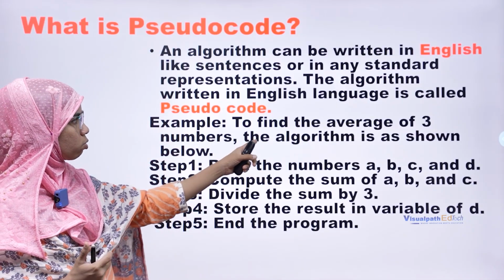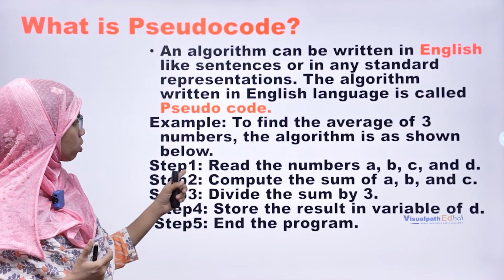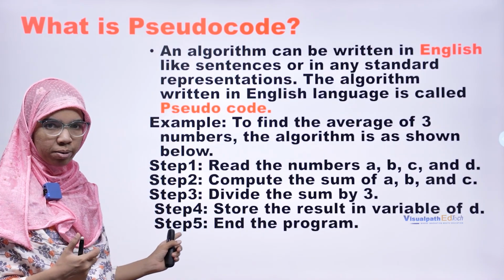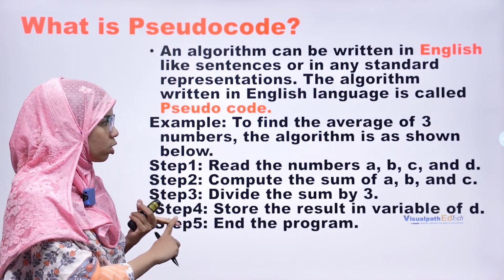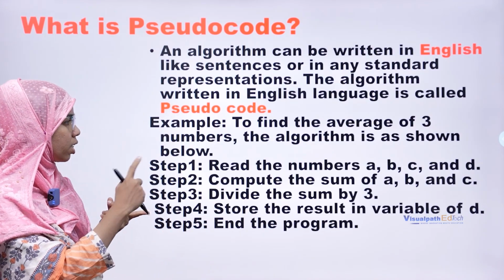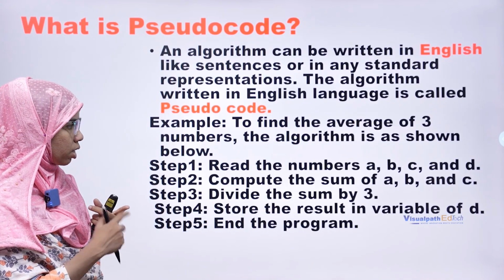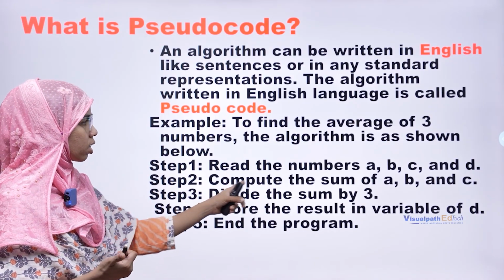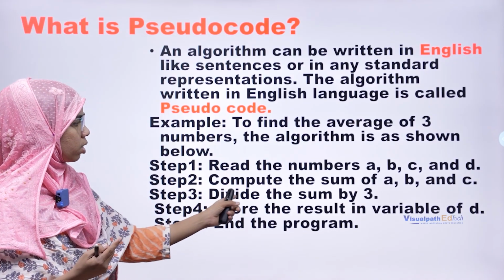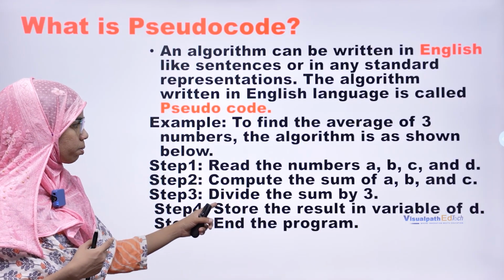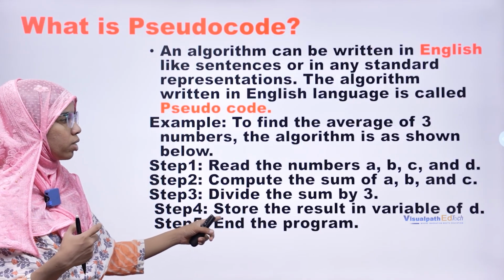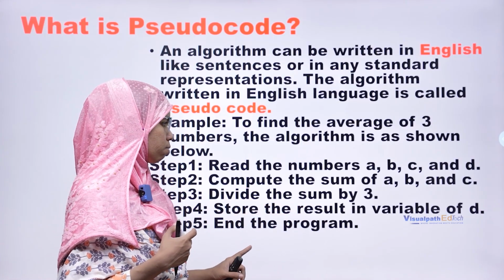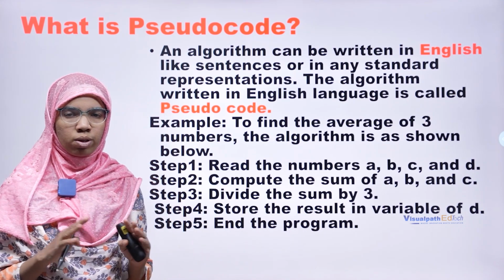For example, here to find the average of three given numbers, the algorithm is shown in the given number of steps. First of all, you will read the three numbers A, B, C, and D is for storing the data, that is the resultant output. Then compute the sum of the three, divide the sum by 3 for performing the average, and store the result in the variable D, and that is the end of the process.